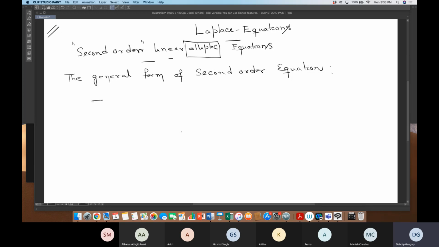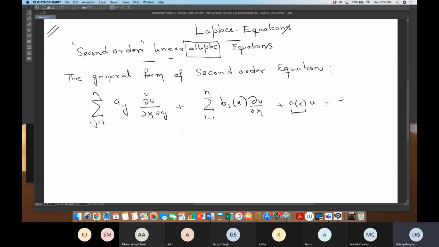We say an equation is a second order equation if it has this form: the sum over i, j from 1 to n of a_ij ∂²u/∂x_i∂x_j, which is the second order derivative term, plus the lower order term, the sum over i from 1 to n of b_i ∂u/∂x_i, plus c(x), a function, times u, equal to f(x). This is known as the second order equation. Okay, this is the general form of a second order equation.